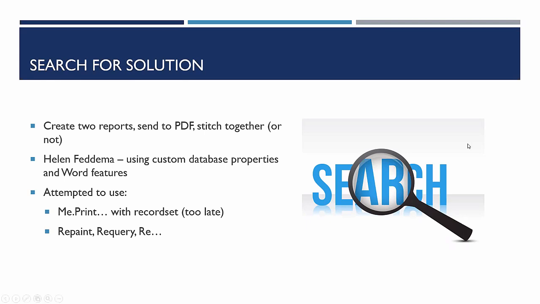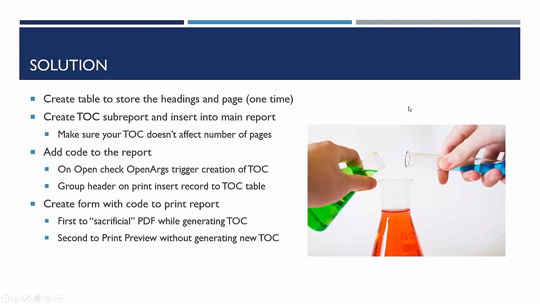So here we go. What I did is initially you create a table to store the headings and the page. So it's a one-time activity of creating whatever your category or heading value and then a numeric page value. Then you create a table of contents subreport and insert it into the main report.